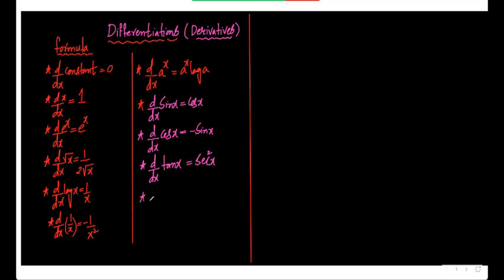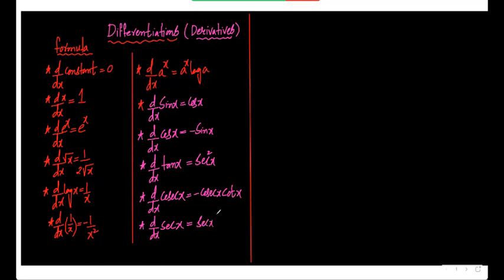Trigonometric means six ratios are there. You know the trigonometry, just now we have finished. Sine, cos, tan, cosecant. Derivative of cosecant x is minus cosecant x into cot x. Then d by dx of sec x is sec x into tan x.